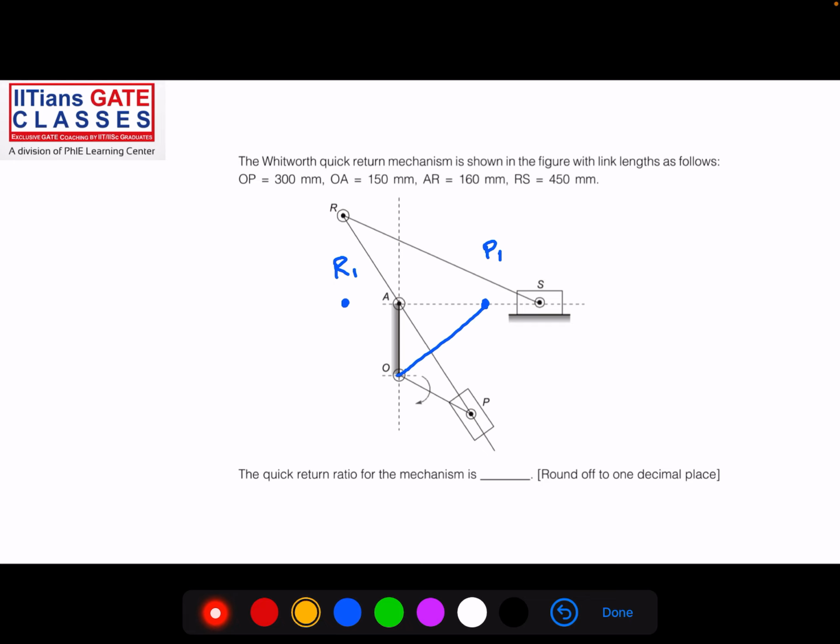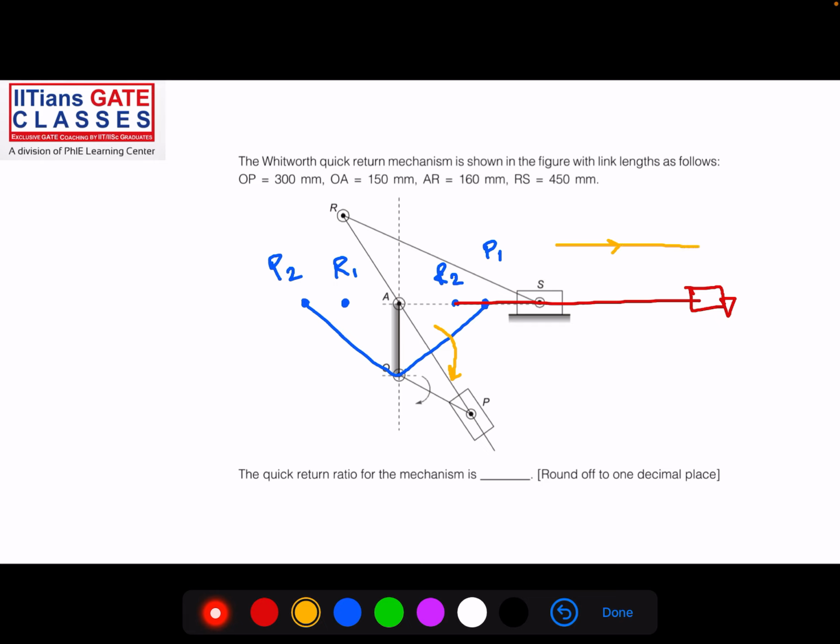Now, as soon as the link OP1 starts moving from this side, the ram will start its forward cutting stroke. When the link OP reaches somewhere here, let me say this position P2, R will be somewhere here, R2. The RS link will be somewhere like this, and here will be the ram.